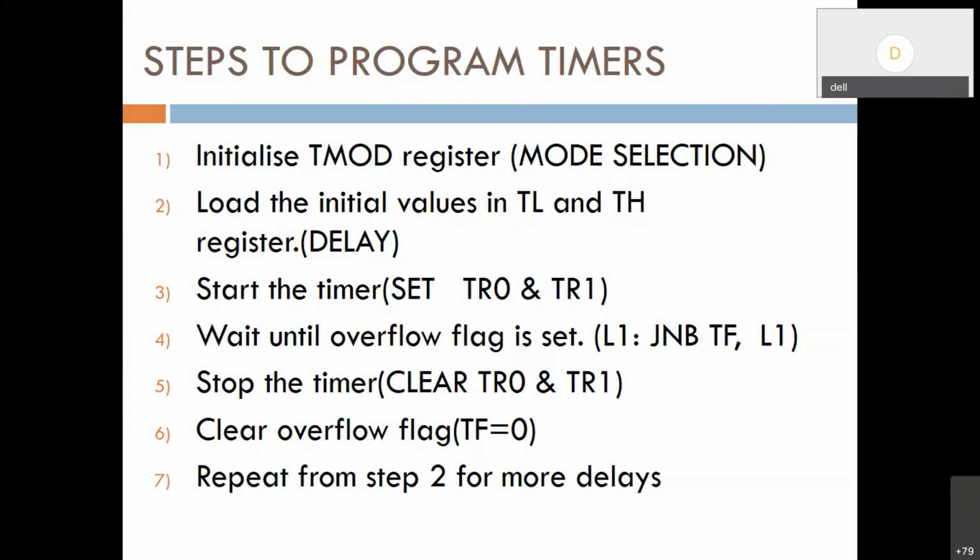Step number 2, load the initial values in TL and TH registers. That means how much delay you need. Based on that, we need to put a 16-bit value in TL and TH as an initial value. That means our up counter starts counting from it.